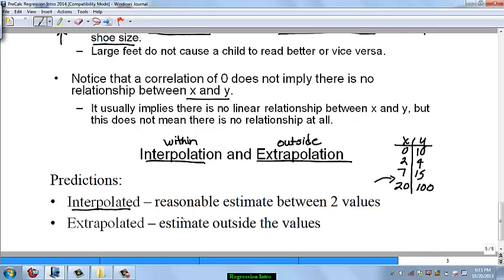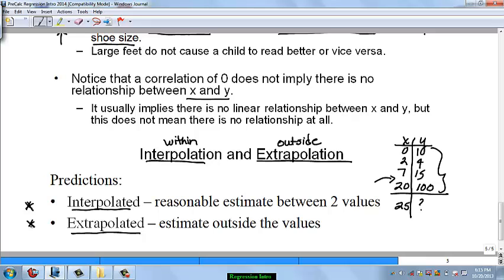You're making a reasonable estimate between these values after you found the pattern. Extrapolation would be, well, what happens when it's 25? That's outside the data that you had collected, and so you're making a reasonable guess or an estimate outside the values. So interpolation and extrapolation are good terms because we'll use that as we figure out what we're going to do.